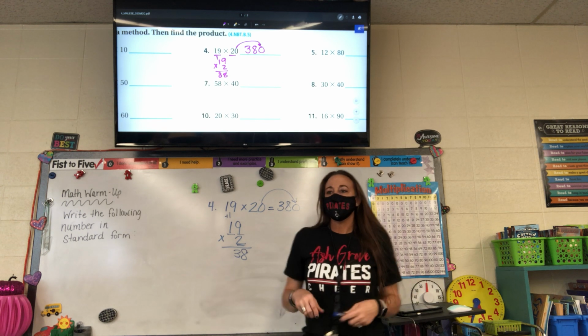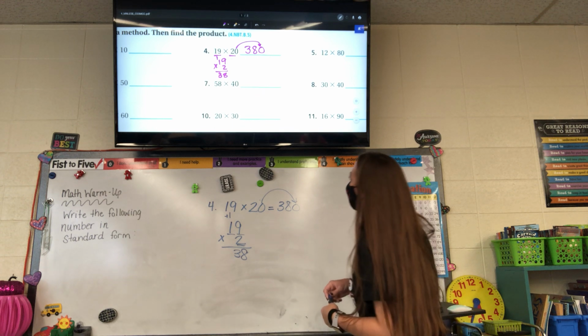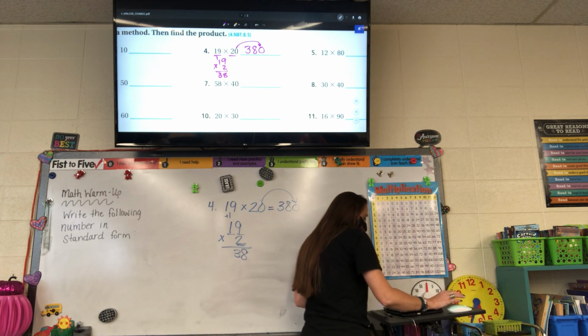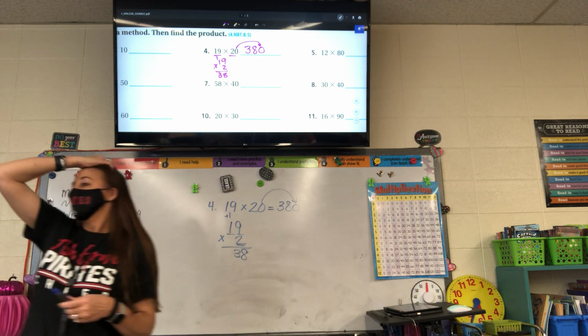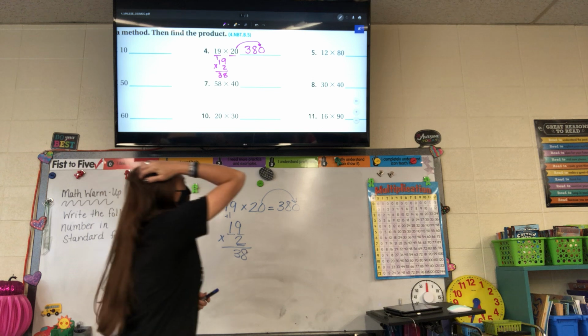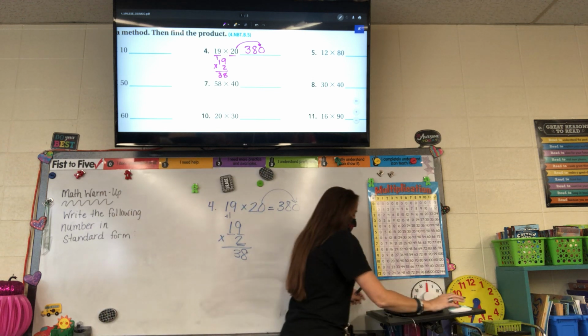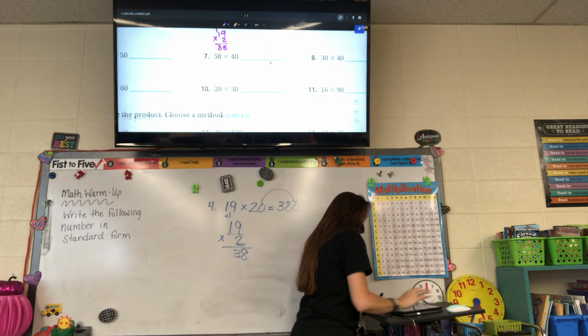So 19 times 20 equals 380. There are some in here that have 2 zeros, and you will do them the same way. Basic fact, add on the 0 or zeros.